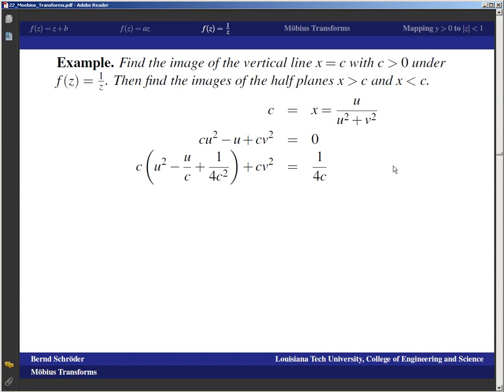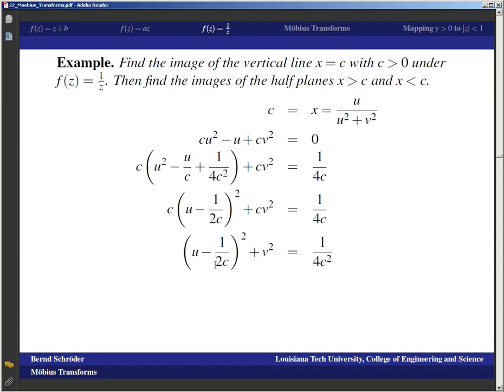If we complete the square, well, we realize we have to take out the c, so we get a negative u over c. The term that completes the square is 1 over 4c squared, and c times 1 over 4c squared would be the 1 over 4c on the right side here. So that gives us c times u minus 1 over 2c quantity squared plus c v squared equals 1 over 4c.